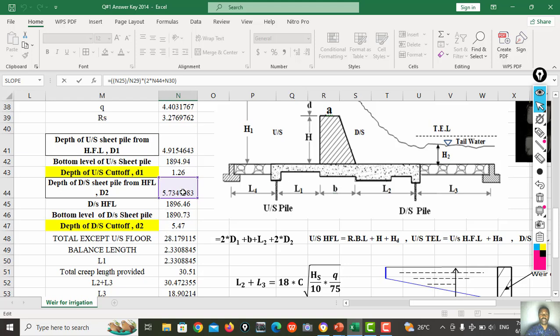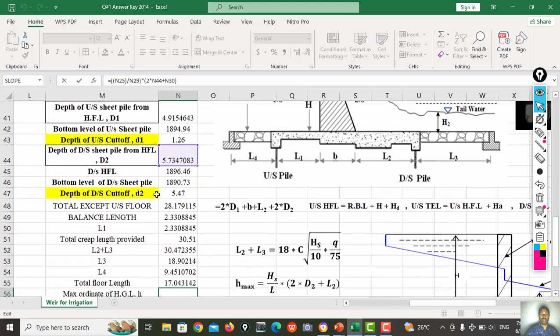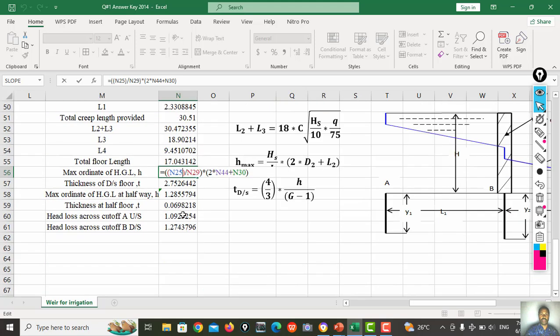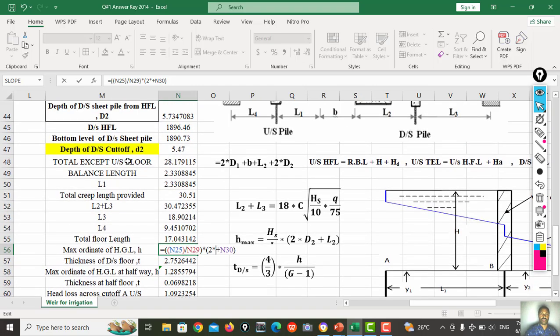So the depth of downstream sheet pile, which is N44, will be 2 times D2, so 2 times D2 maximum, 2 times D2 plus L2.